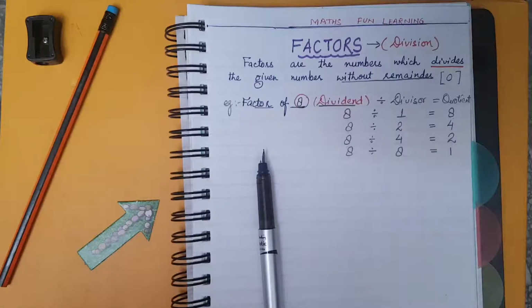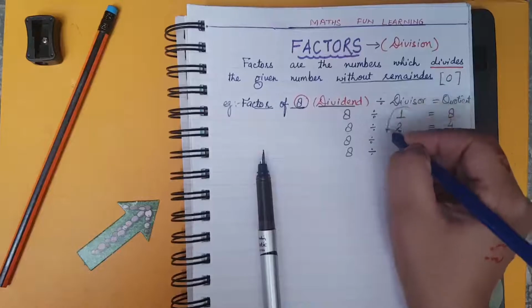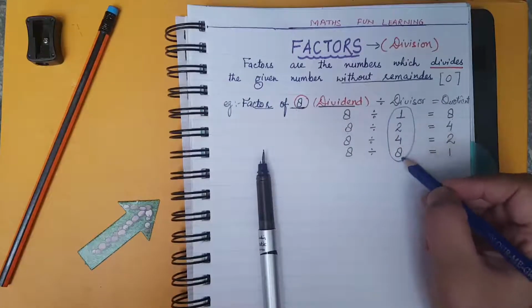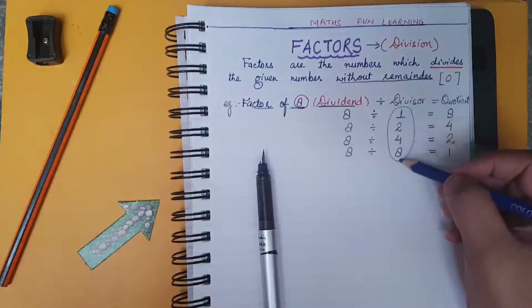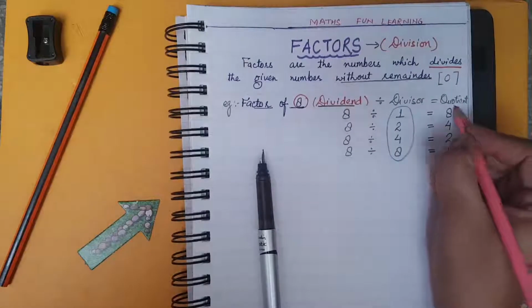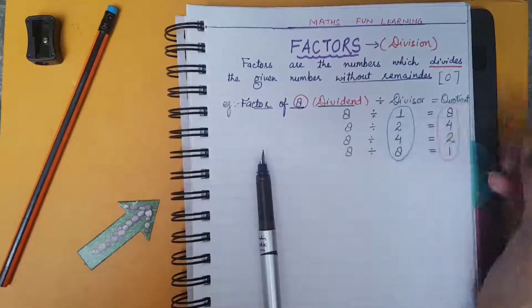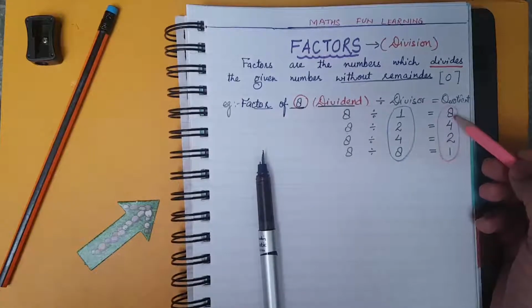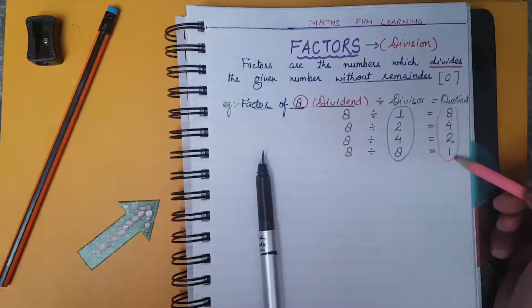Now I will change my color. You can see these divisors: 1, 2, 4, 8. This is in increasing order. And when you observe the quotients, you find 8, 4, 2, 1, which is in decreasing order.